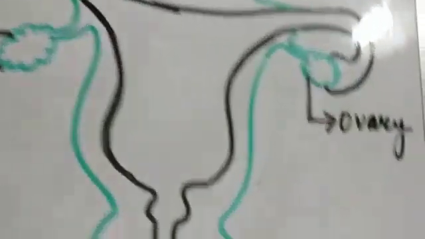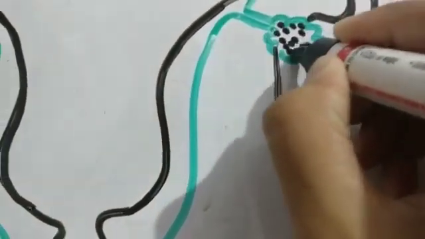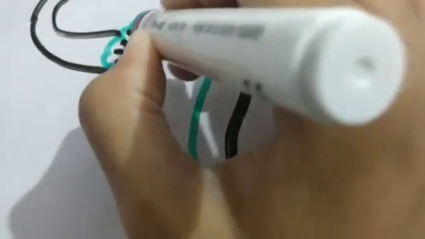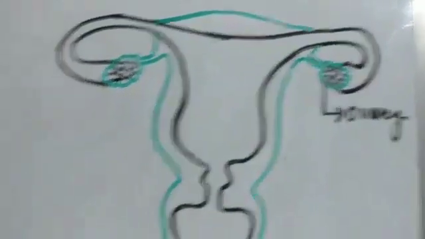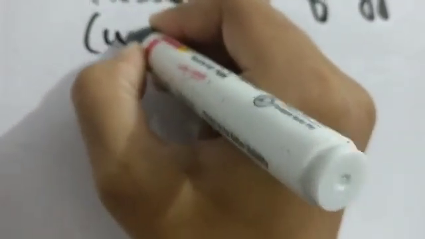So you can see that this is the storage sac already having thousands of eggs when the girl child is born. But how are these eggs when the girl child is born? They are unripe, not mature.